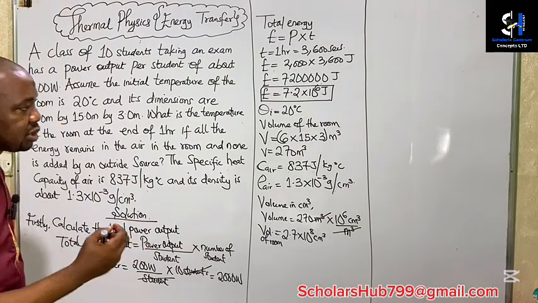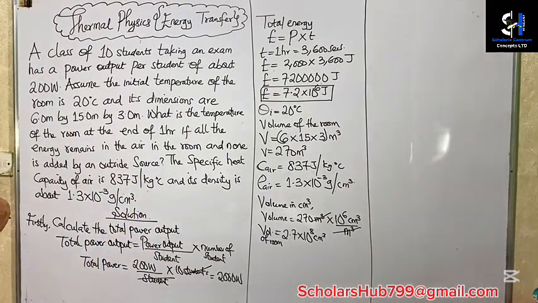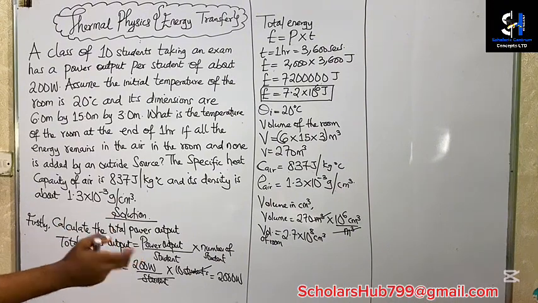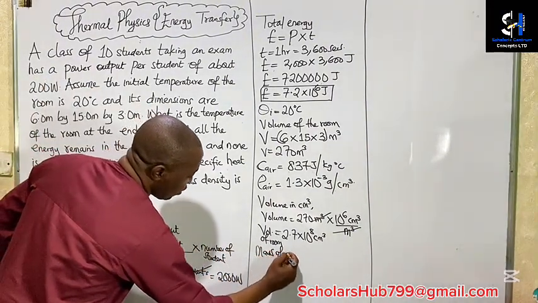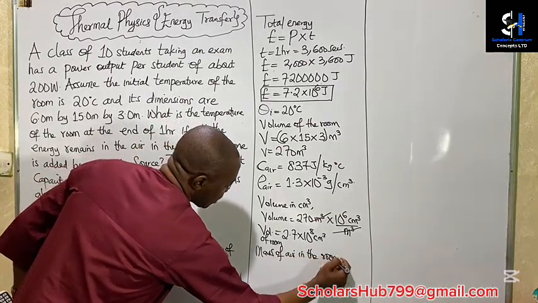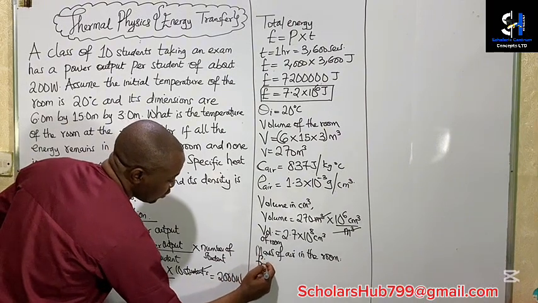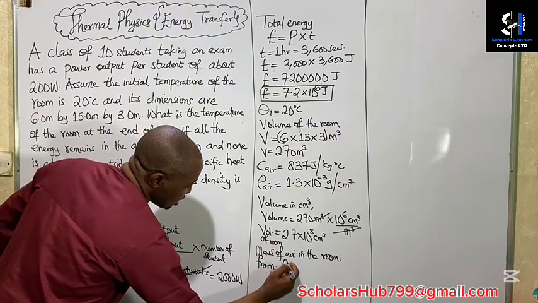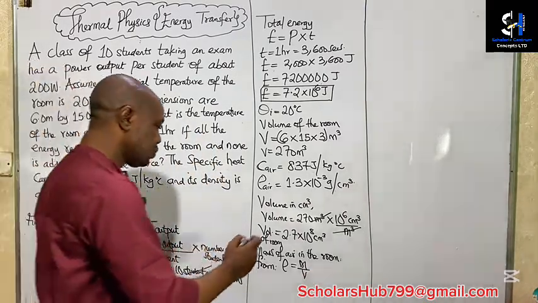And we also need to calculate the mass of air in the room. So we know that density is mass over volume.